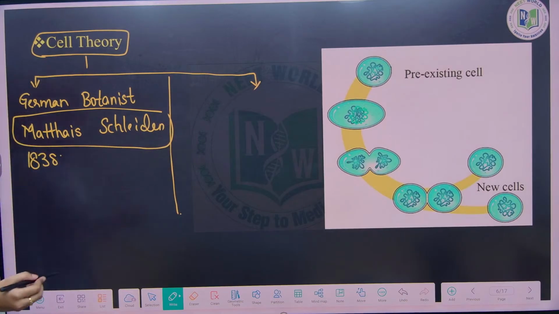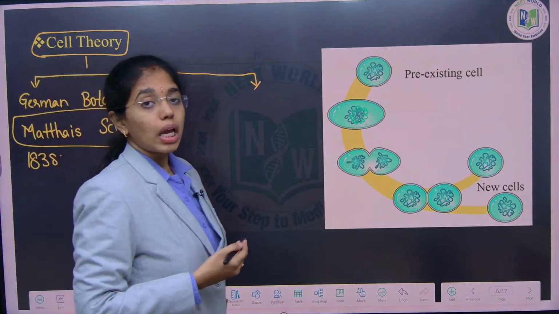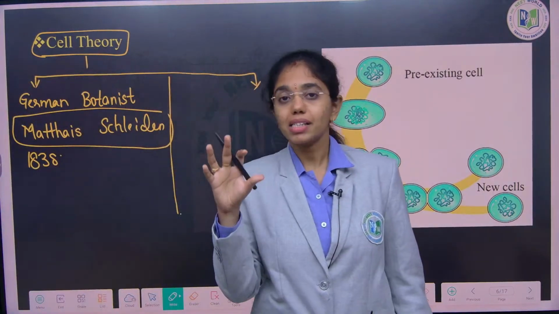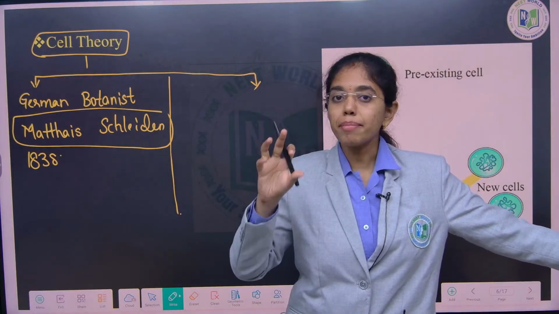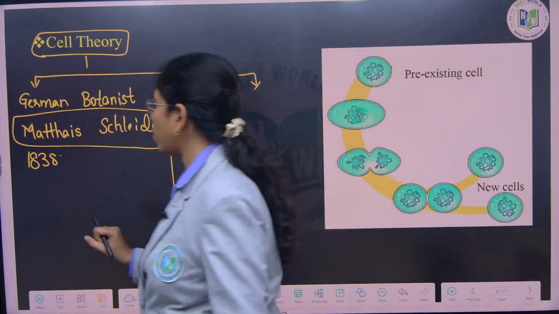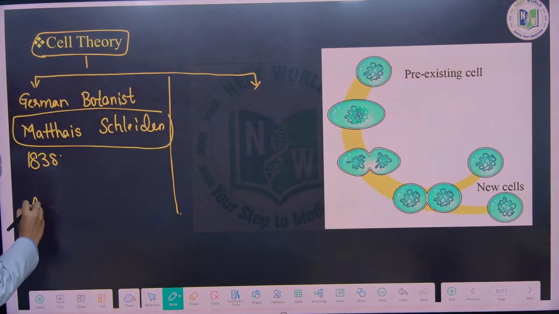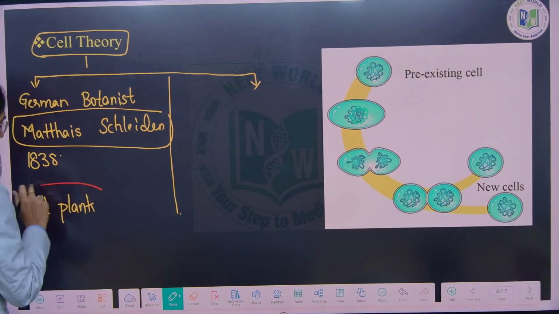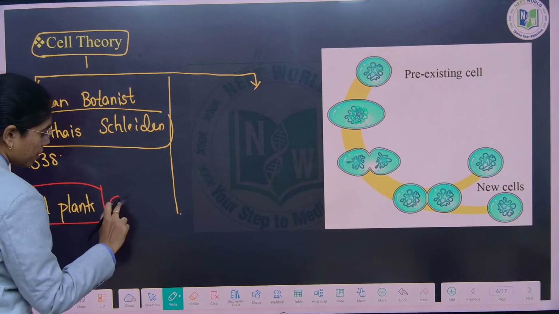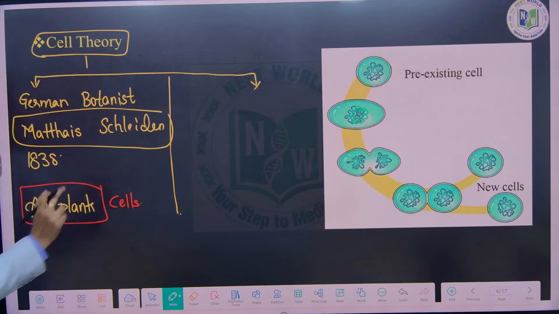What is his observation? He has observed all the plants and said that all the plants are composed of cells and products of cells. He proposed one point that all plants are composed of cells.